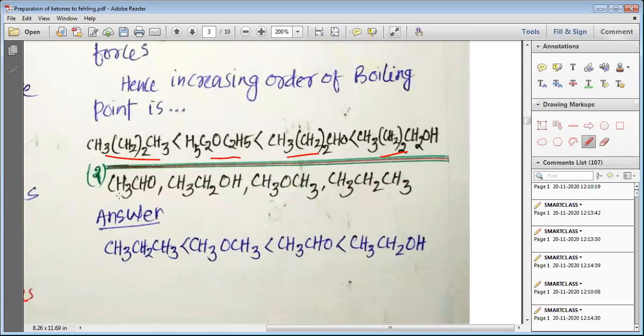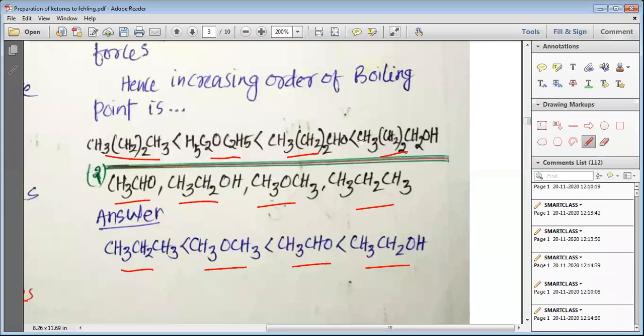In the same way, in the second question, we are given ketone, aldehyde, alcohol, and alkane. Again we follow the same order: alkane with the lowest boiling point, then ketone, then aldehyde, and then alcohol.